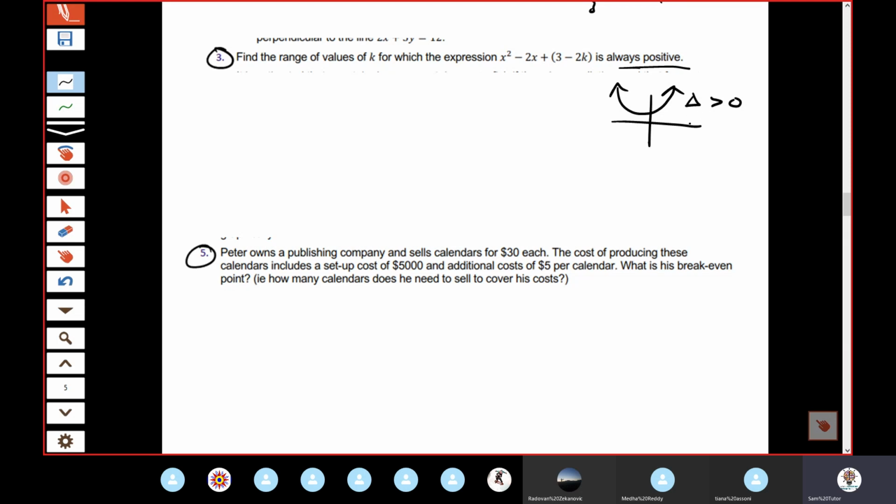No roots means discriminant is greater than, sorry, discriminant is less than 0. It's got no roots. You understand? And same thing for this way. If it says always negative, the discriminant must still be less than 0. So for it to always be positive or negative, it must have no roots. Does that make sense?